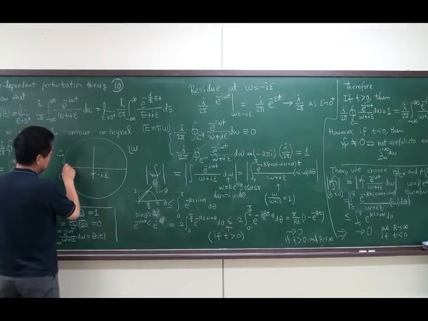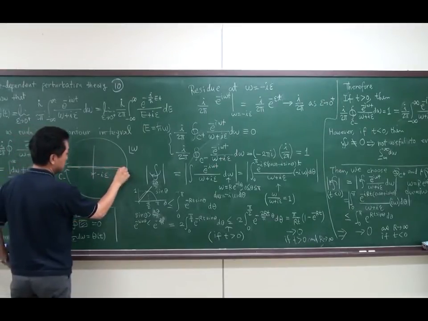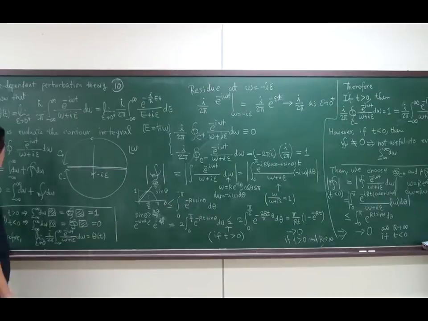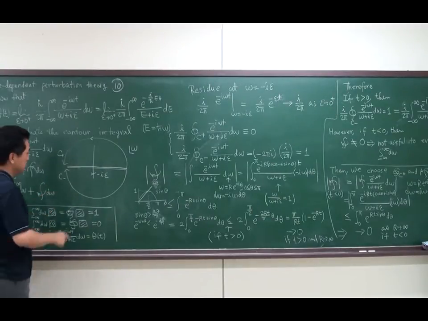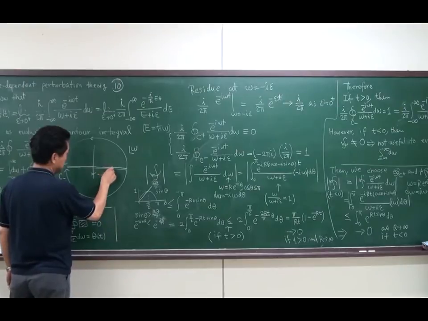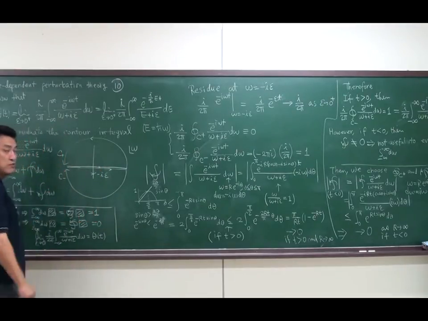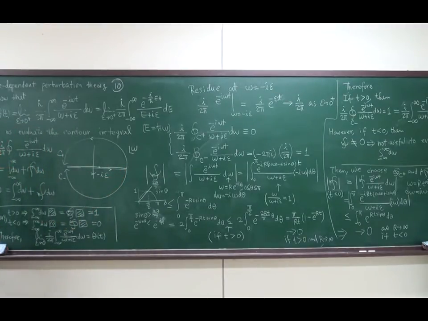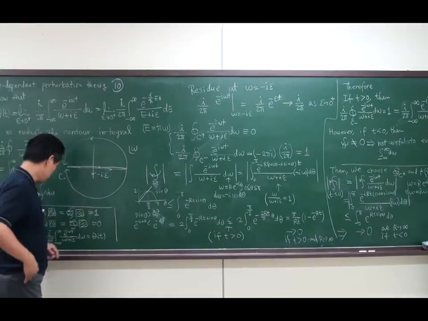C plus runs from minus infinity to plus infinity, and it is closed along the upper half plane. And C minus is the contour along the real axis, also running from minus infinity to infinity, and the contour is closed on the lower half plane. So, in short, the C plus integral is the real axis integral from minus infinity to infinity plus this semicircle, as the radius r goes to infinity.